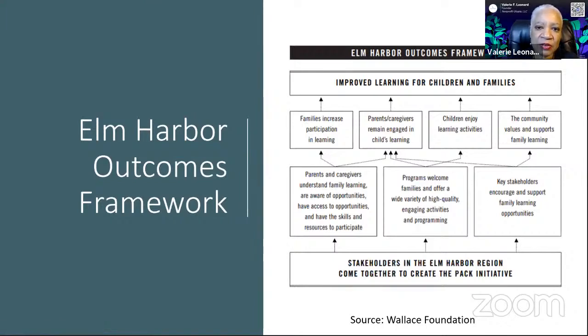So that would mean the stakeholders for the children, parents and caregivers remain engaged in a child's learning, and children actually enjoy the learning activities, and the community values and supports family learning. And over time, you're going to see improved learning for children and their families. Okay, so that is a real life example of a theory of change being implemented. Are there any questions or comments?